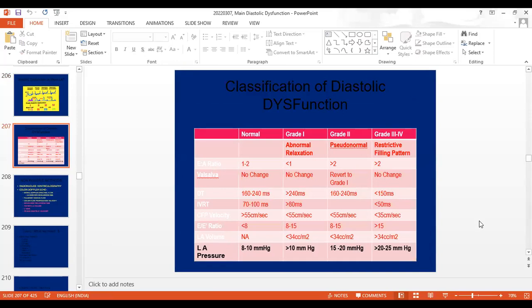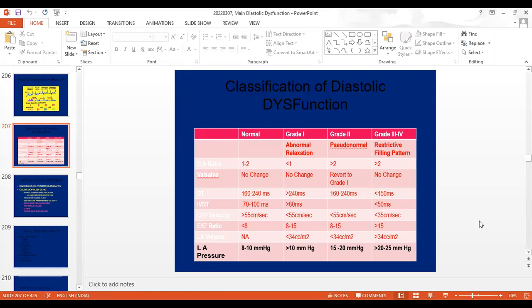We use tissue Doppler in the sense that whatever we see with the mitral flow pattern, the same reversal will be seen in the tissue Doppler pattern. Like tissue Doppler will show small E prime, large A prime during grade 1, and large E and small A prime in grade 3.